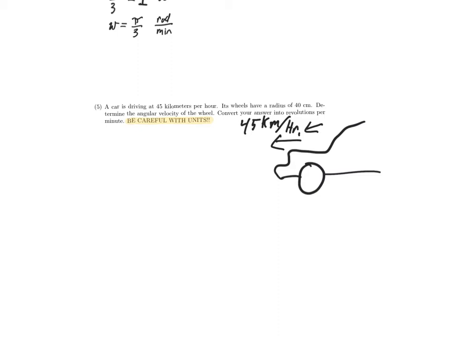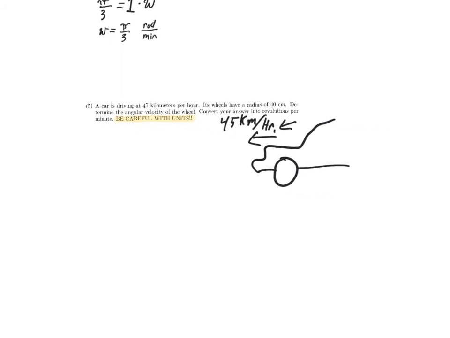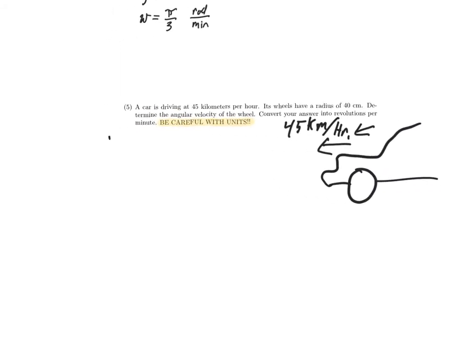So that means that the linear velocity of this wheel is 45 kilometers per hour. Oh, neat. So that means I know the thing that's called V.